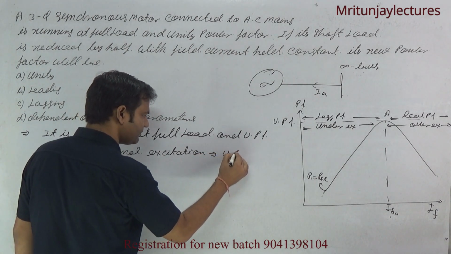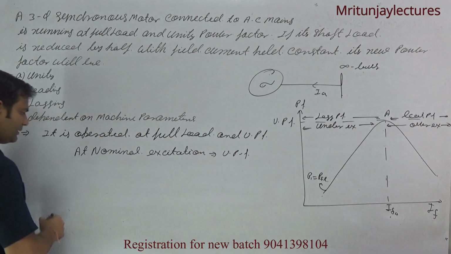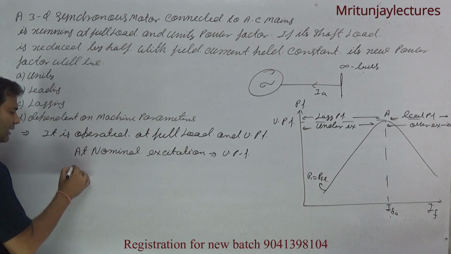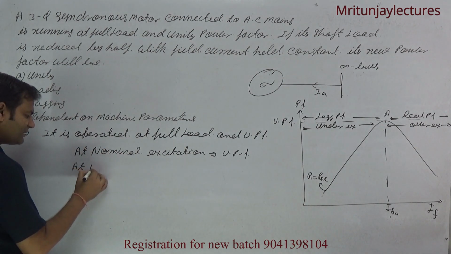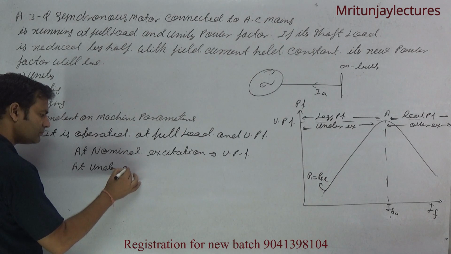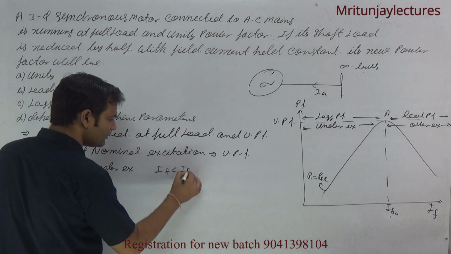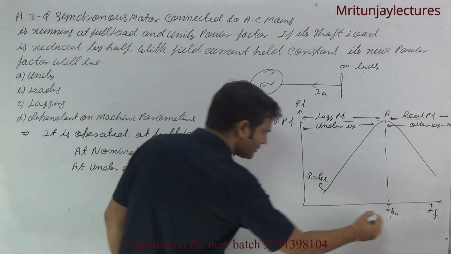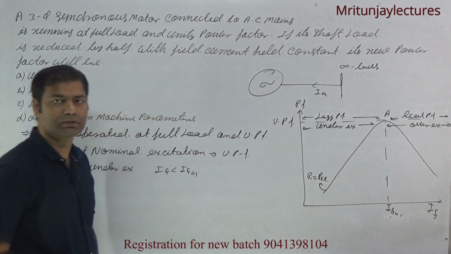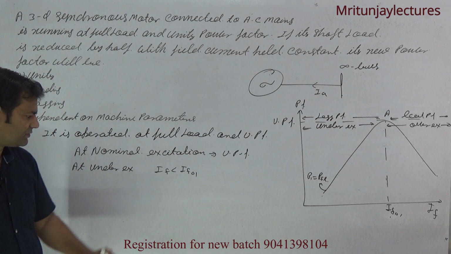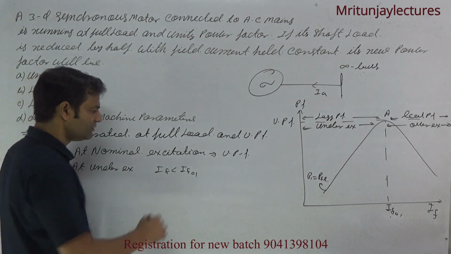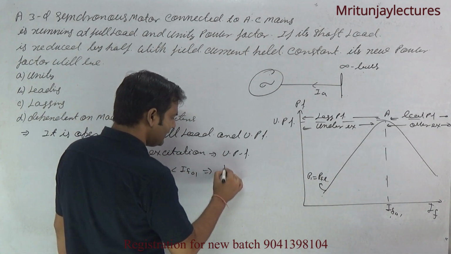that is UPF, and you can say that under excitation means IF is less than IF01. If field current is less than IF0, that is under excitation, that is the lagging power factor.